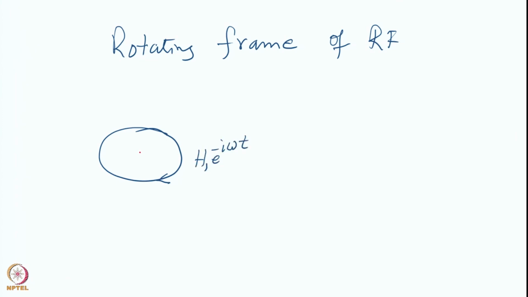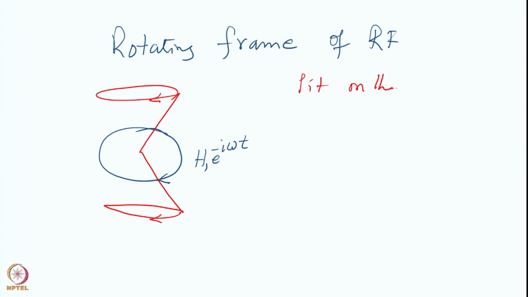The spins were like this, going like this, and this is also going in the same direction. So now, if I sit on the RF, rotating frame of RF means I sit on the RF and look at the spins.